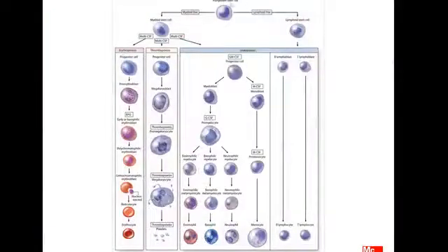The main cell in bone marrow is a pluripotent stem cell, which develops into the myeloid stem cell and lymphoid stem cell. It has two lines, the lymphoid line and the myeloid line. The lymphoid line starts with the lymphoid stem cell, which develops to lymphoblast according to type, B and T. B according to the bone marrow and T according to the thymus.